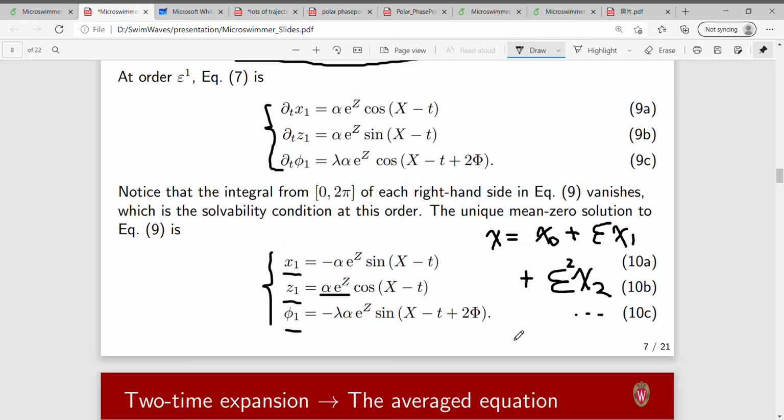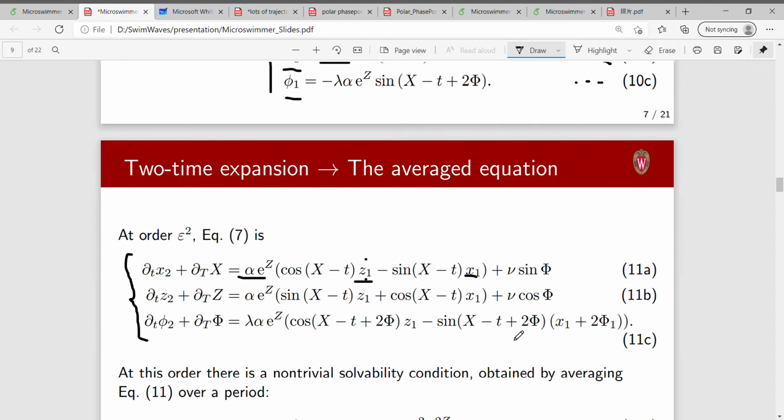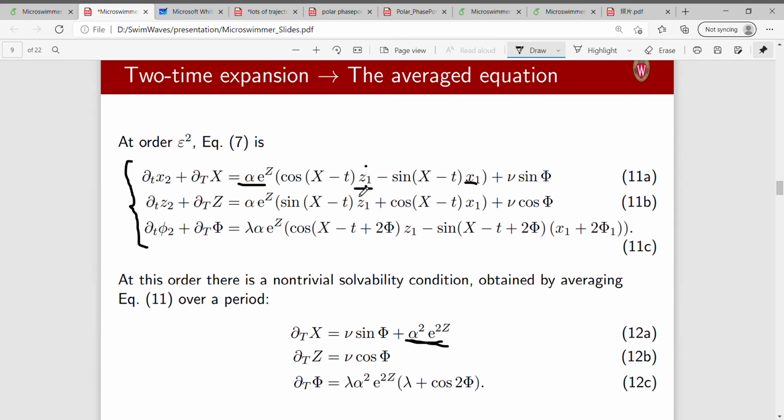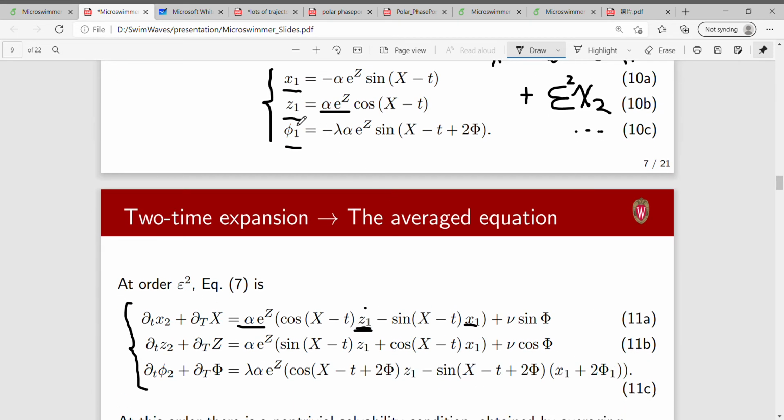Yeah, and then we proceed on at order of epsilon square. Then here actually we have a non-trivial solvability condition obtained by averaging equation 11 over a period. So we actually have to insert the expression here, for example, z1 equals alpha times e to the z and times cosine x minus t.